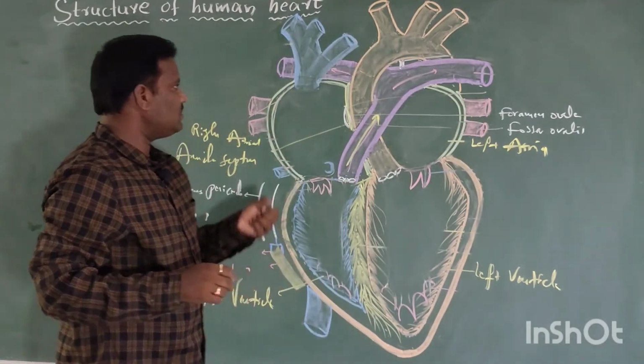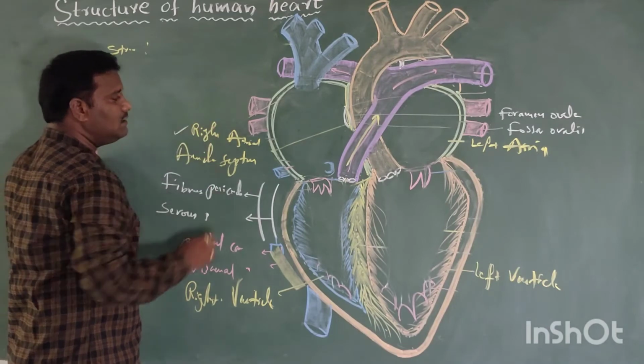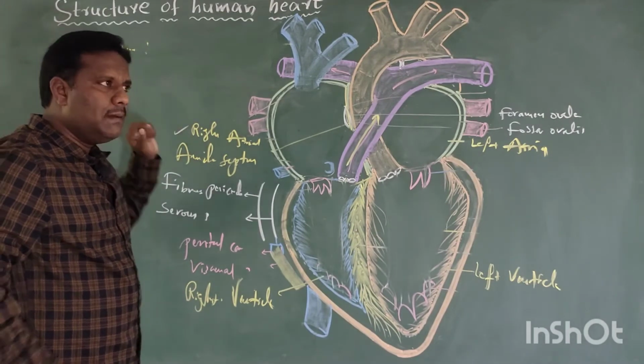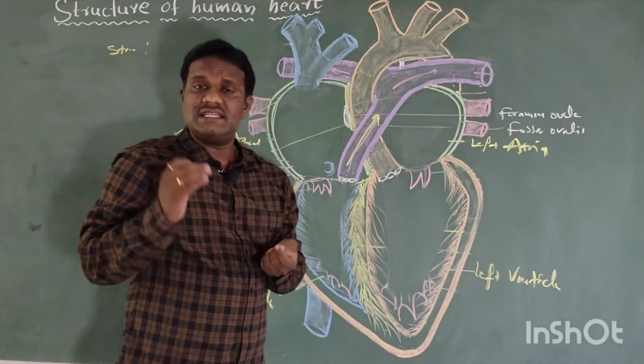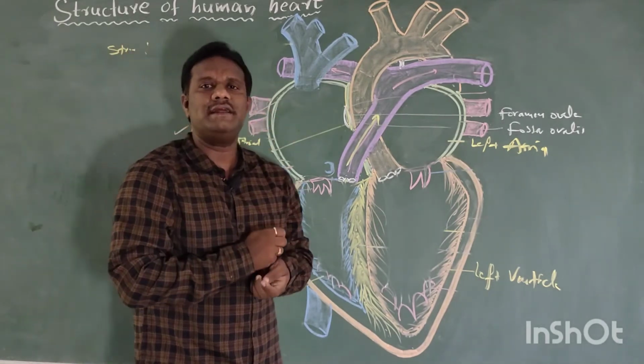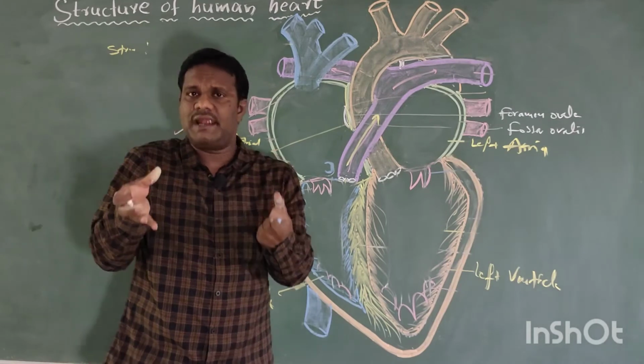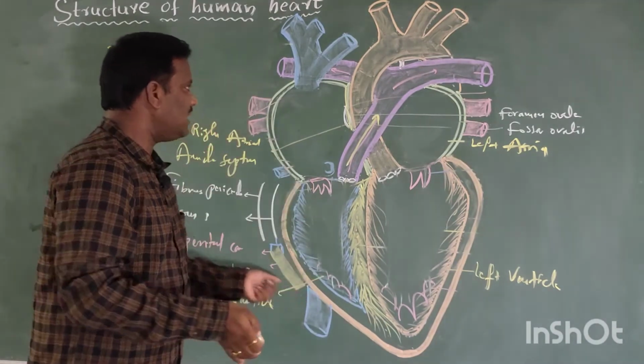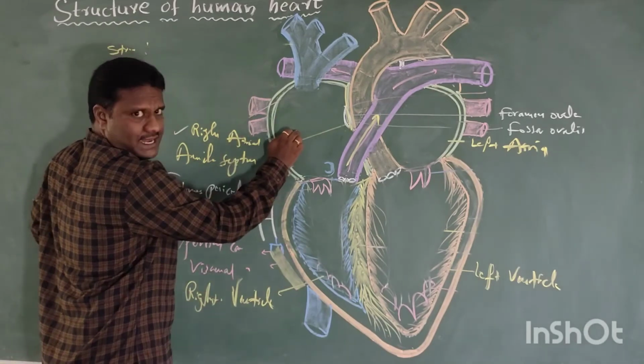Now, next, we are looking at the right atrium. In this right atrium, mainly 3 veins are located, and the waste blood collected in our body enters the right atrium.